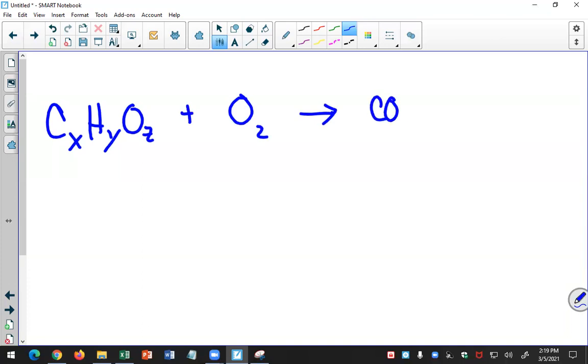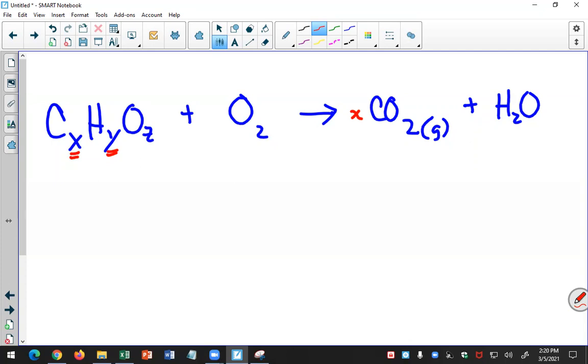How many moles of CO2 would I get? If I have x carbons in my compound, I'm going to get x moles of CO2, right? What's my other product? Water. If I have y hydrogen atoms in one molecule of my compound, how many water molecules will I get?